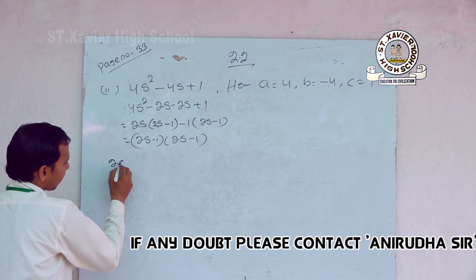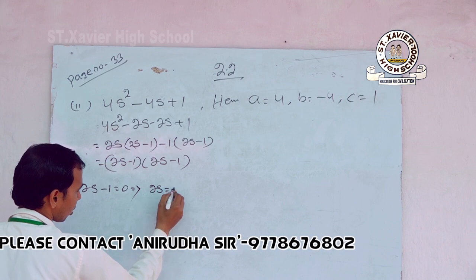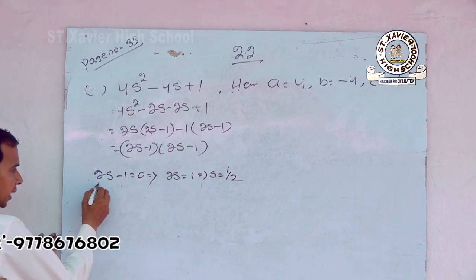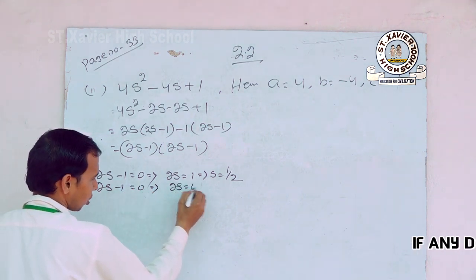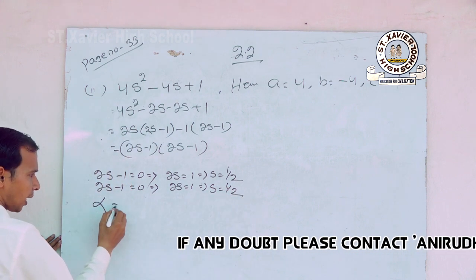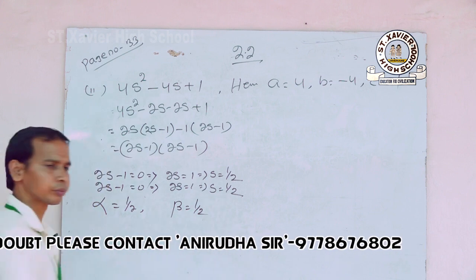Now 2s minus 1 equal to 0 implies 2s equal to 1 implies s equal to 1 by 2. Second case, 2s minus 1 equal to 0, then 2s equal to 1, then s equal to 1 by 2. You get alpha equal to 1 by 2, beta also 1 by 2.